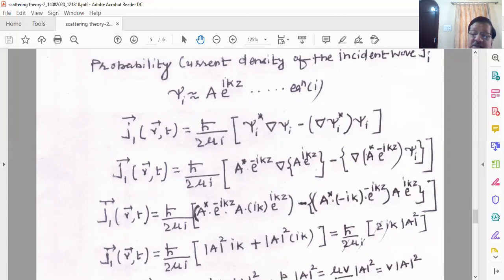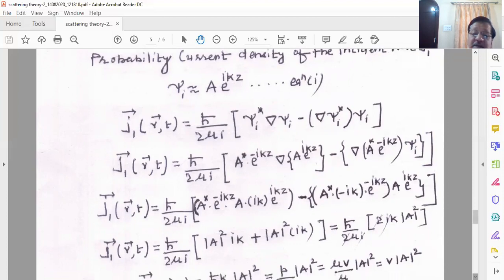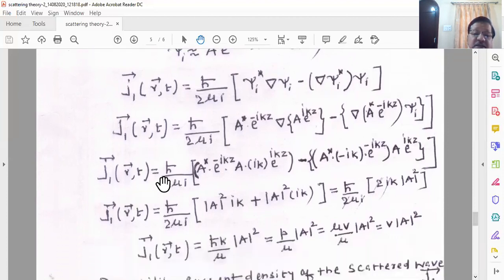So now let us simplify this step. You can see this ħ upon 2μi remains the same. In the opening parenthesis, you see this is A* into A. You have studied that |ψ|² is ψ*ψ, so A*A is the mod of A square.